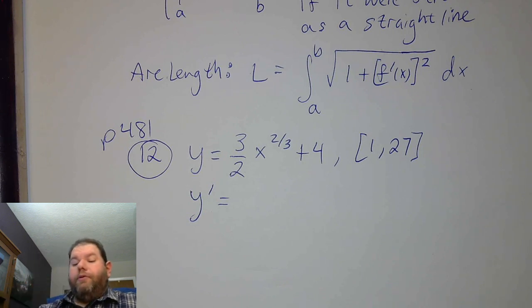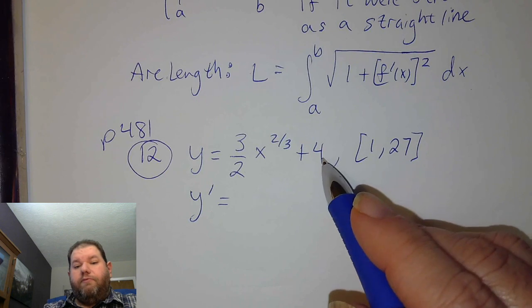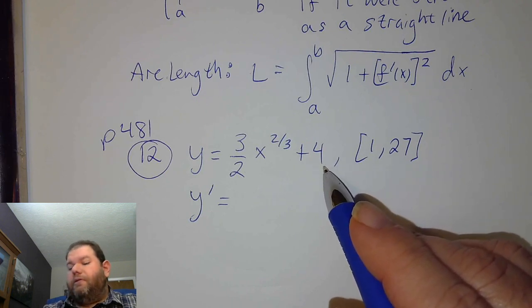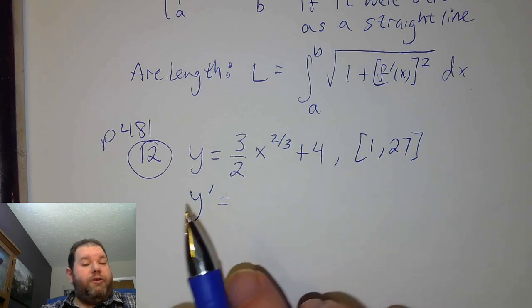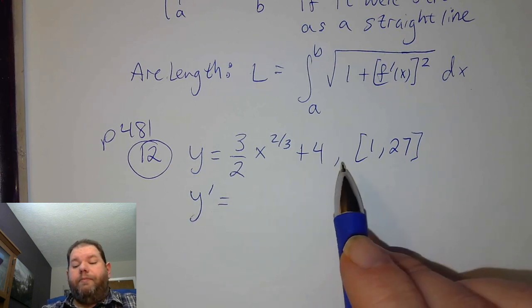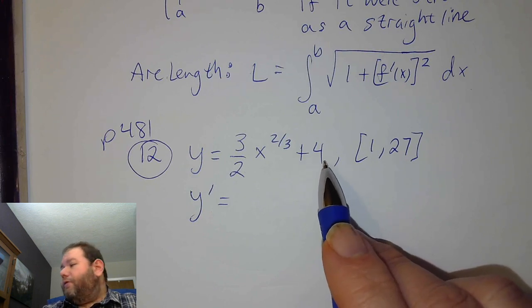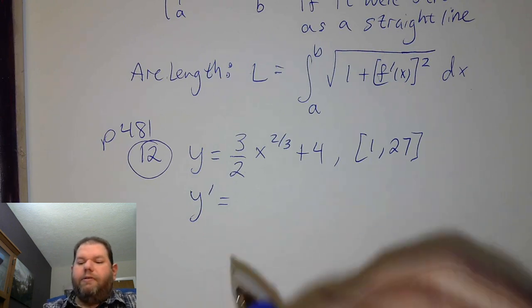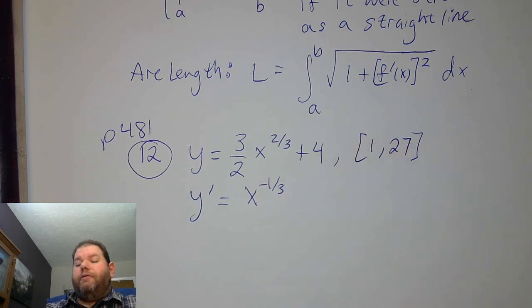X to the negative 1/3 plus 4. What's the derivative of 4? Remember, taking the derivative, not the integral. Integral of 4 is 4x. The derivative of 4 is 0. Good. So it'll just be x to the negative 1/3.